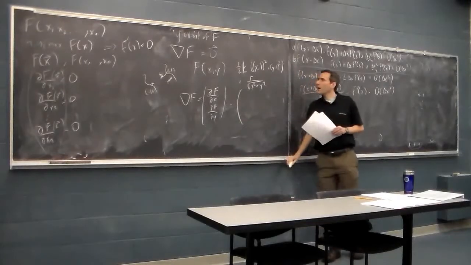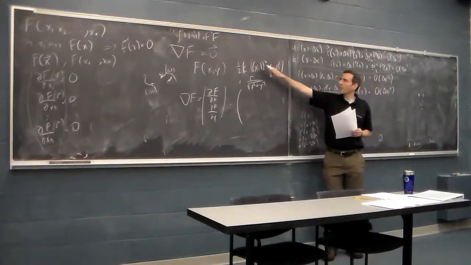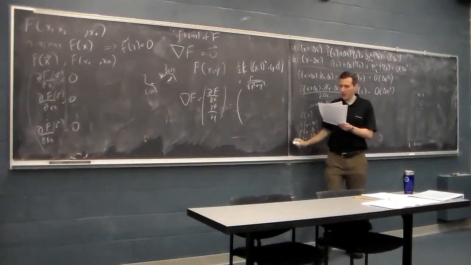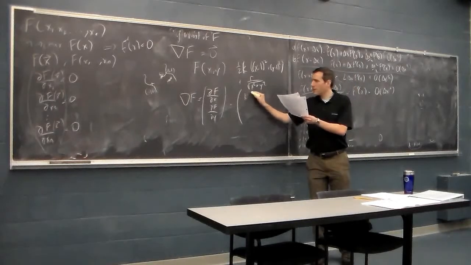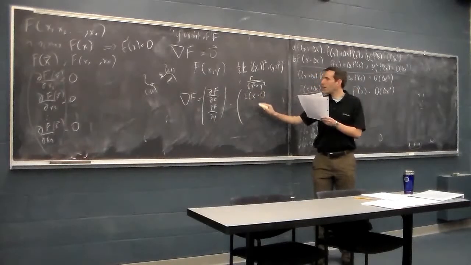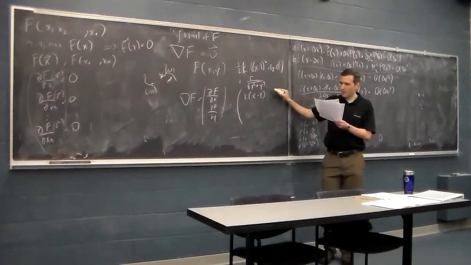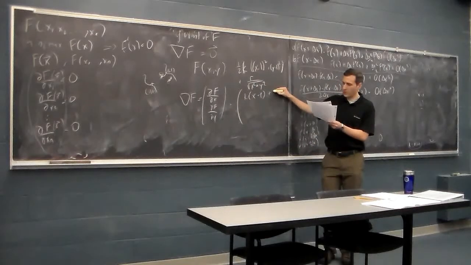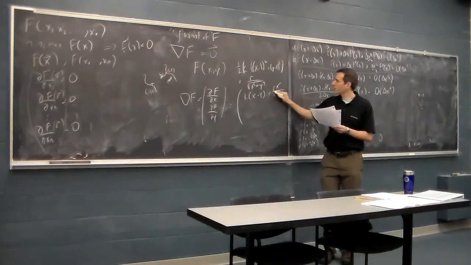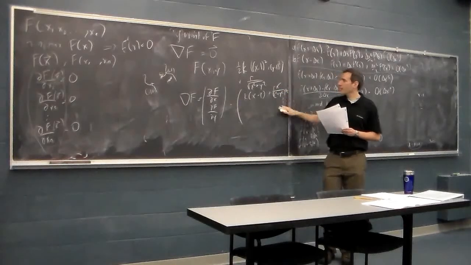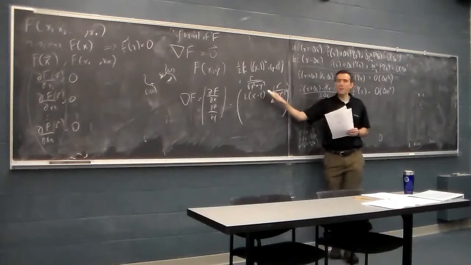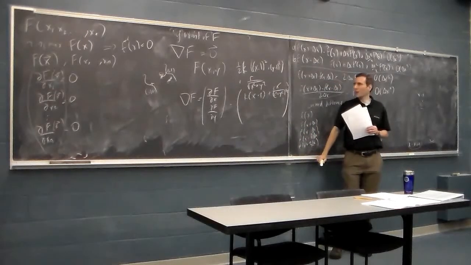In this case, that will come out to, first of all, taking the derivative of this term with respect to x, which is going to be k times x minus 1, and then adding in the derivative of this thing with respect to x, which will be rx over x squared plus y squared to the 3 halves. That is going to be the partial derivative of f with respect to x.